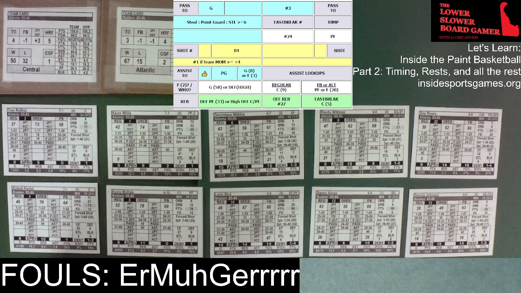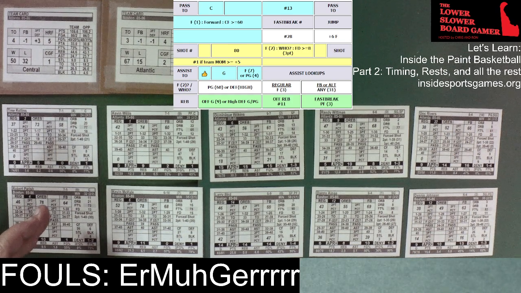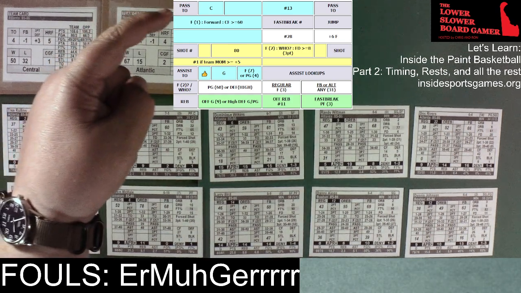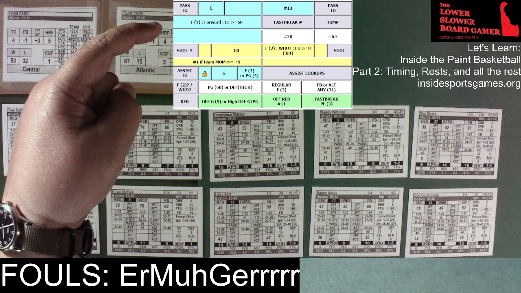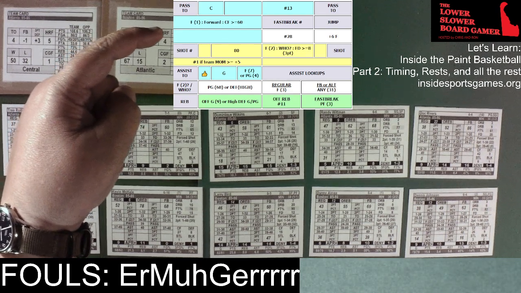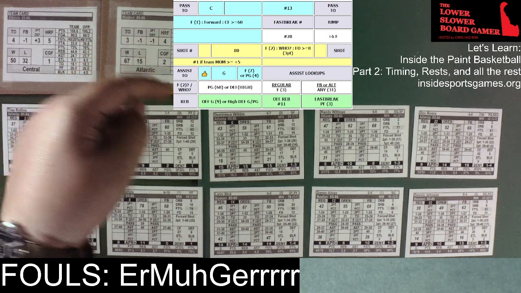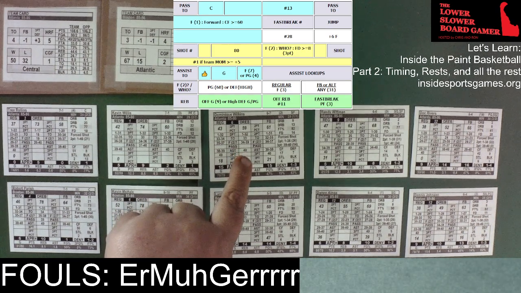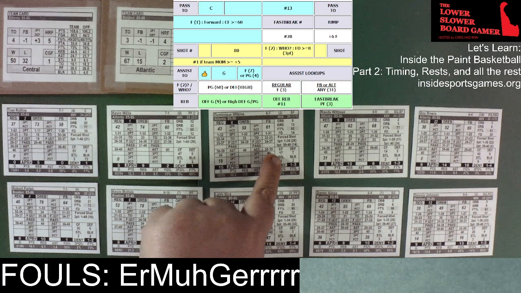Let's do another one. Let's do this right. This one is going to be for Robert Parrish. He is your center on the pass 2. Possible stoppage with a non-shooting foul if the forward, Dominique Wilkins, has a CF of 60. He's only a 17.